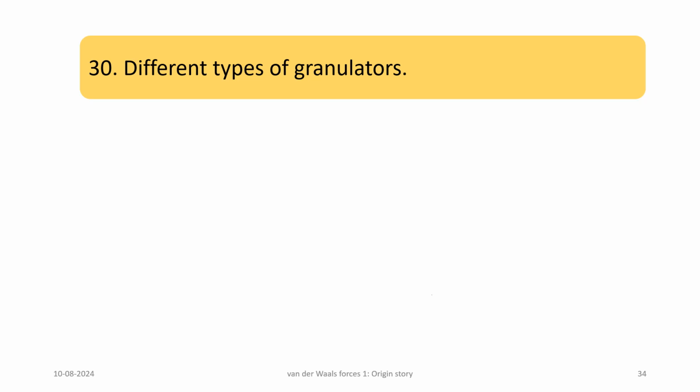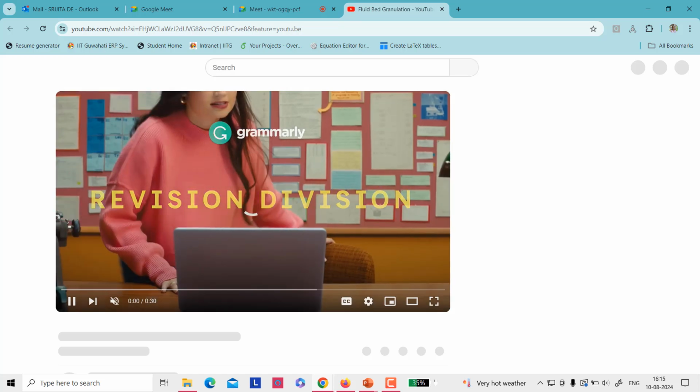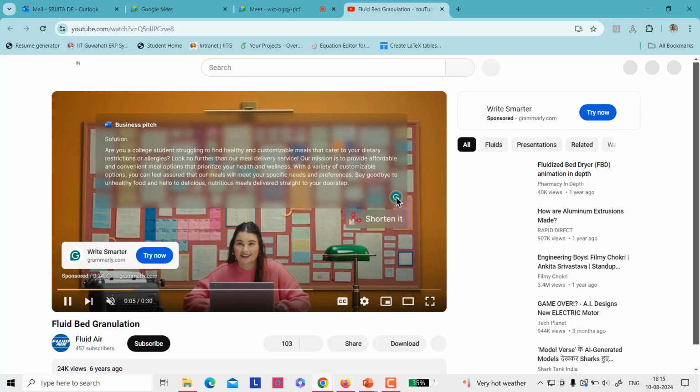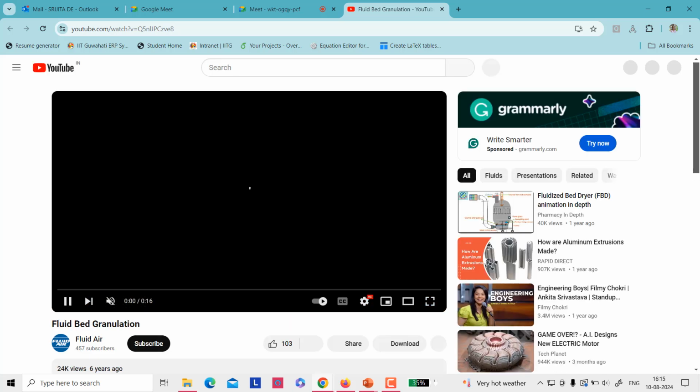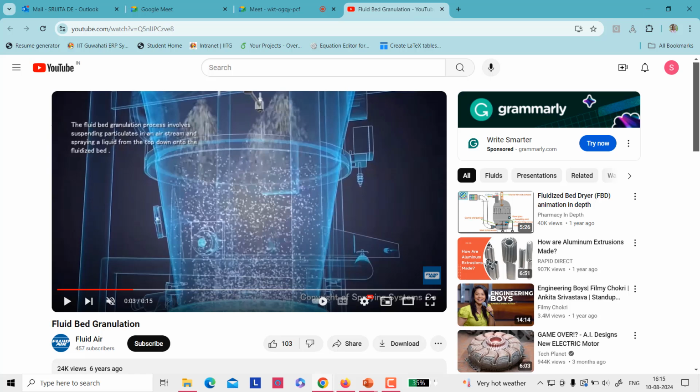Next, now I will show you the different types of granulators. The first one is the fluidized bed one. You can see that the fluidized bed granulation process involves suspending particles in an air stream, and that means air is coming from one side.